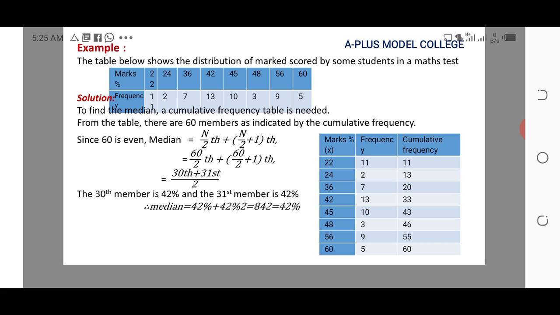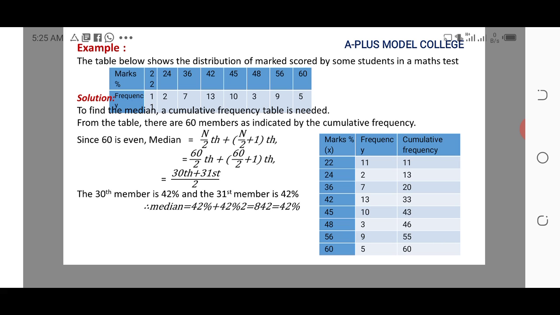Now the n is 60. So when we put that in, we have 60 over 2 plus 60 over 2 plus 1. And we have the 30th and the 31st term. You can see that's the meaning of the th you are seeing there. That is the 30th term plus the 31st term.